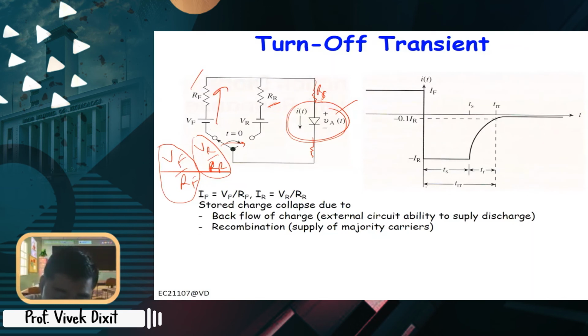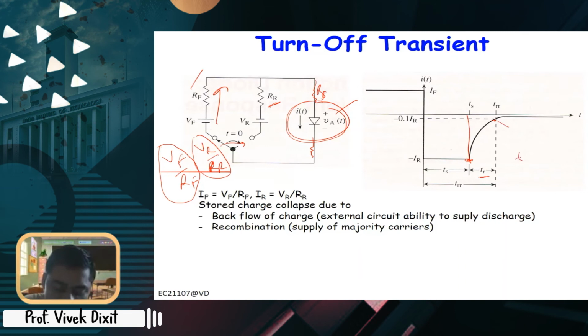So this is the storage time, and this is the reverse recovery time, right? Now, please note the definition of this reverse recovery time is basically from the peak current to 10% of the current. Now, this 10% of current is not necessarily the reverse saturation current.